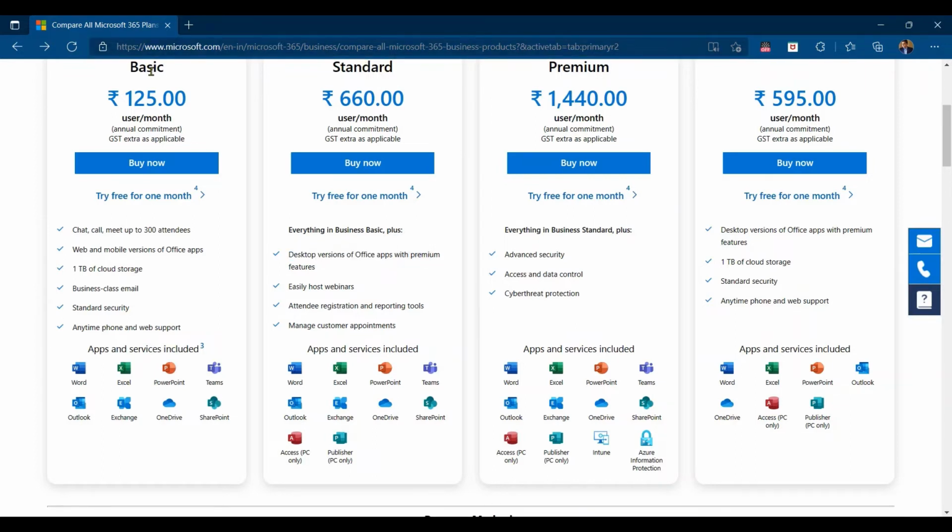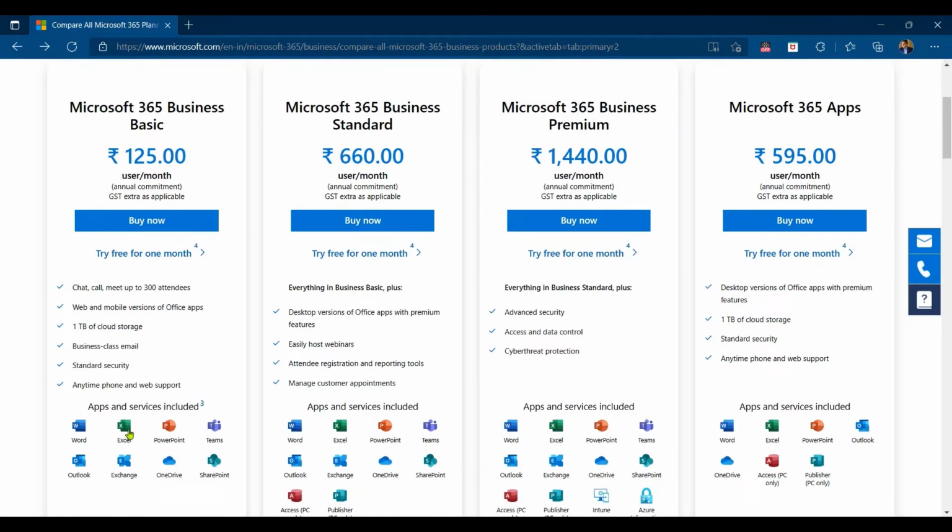What is the benefit of the basic license? Assume you have a company where users are using Excel or PowerPoint majorly on the browser, and you mainly use this for Teams and online meetings, then go for basic. Otherwise, if you expect your users to be using desktop versions, go for standard.